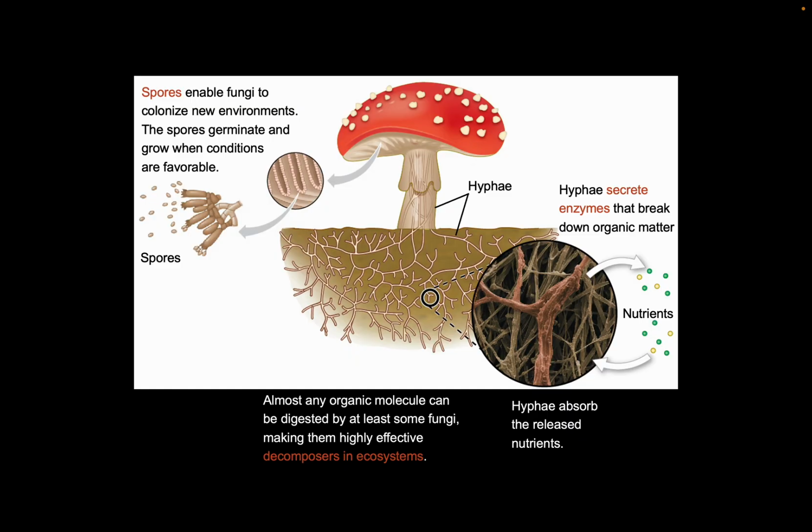Here's just another image of our hyphae at a much closer scale. And here's what spores look like and how they're released. The underlying part of this mushroom is lined with these oval shapes that are really thin and compact.